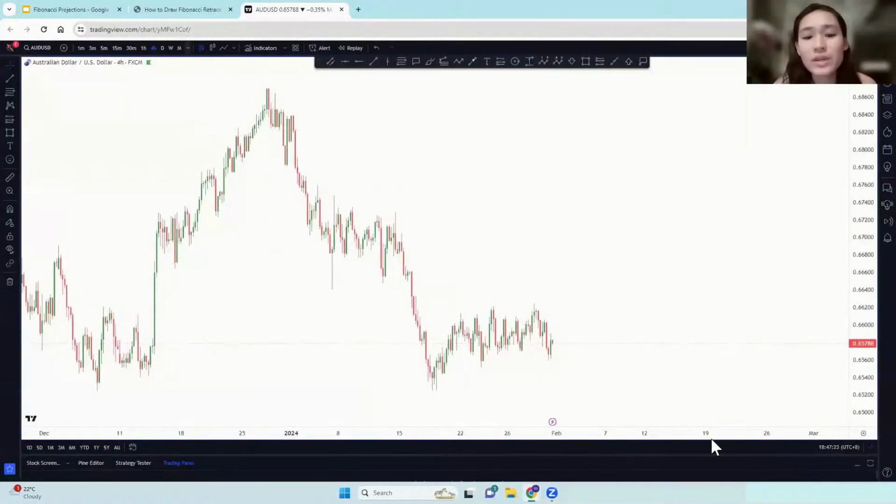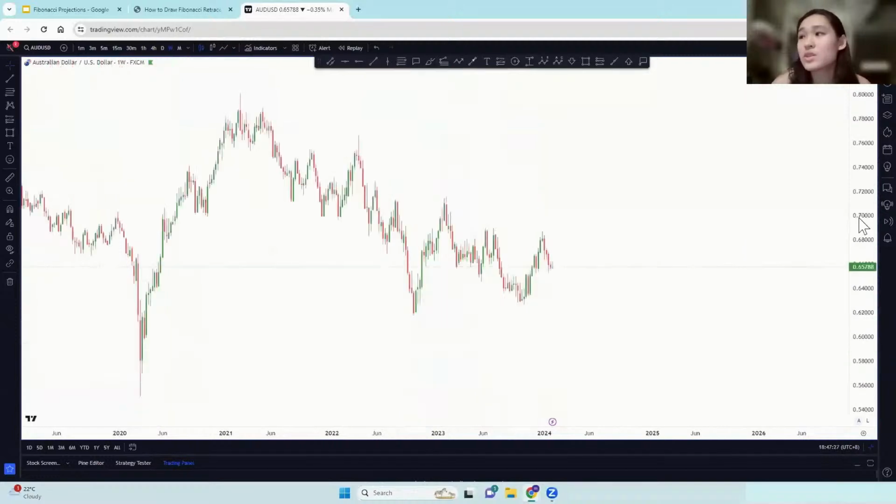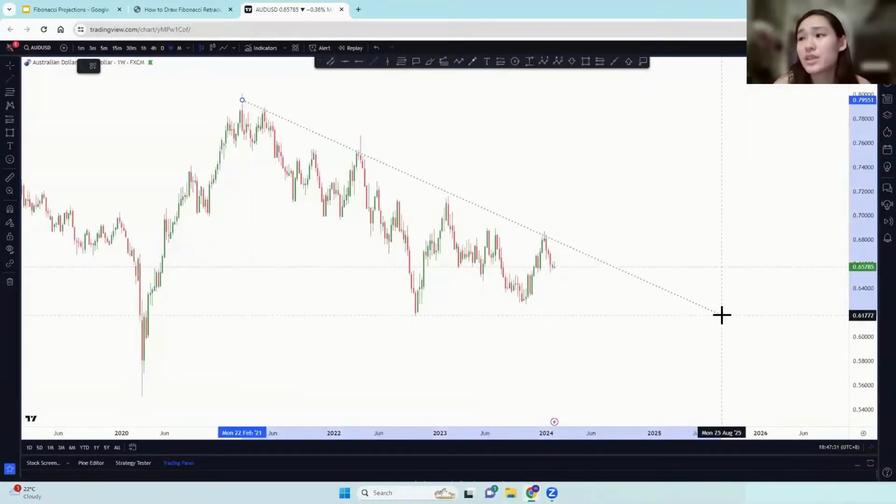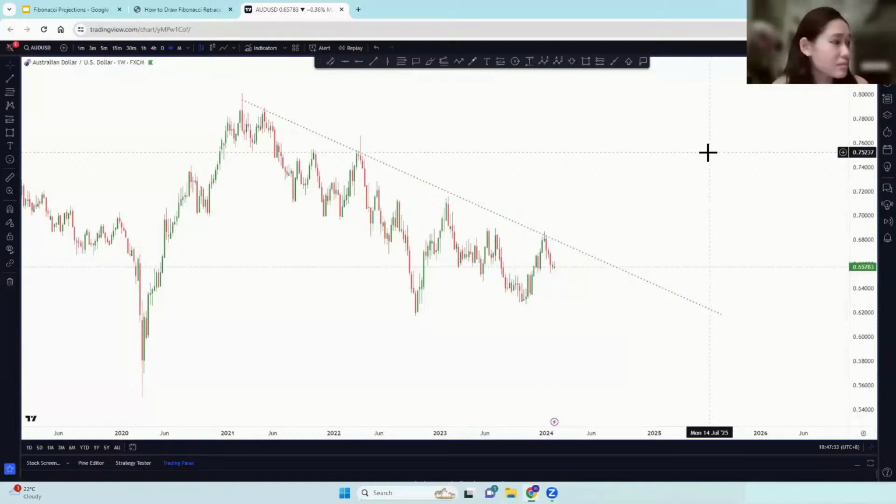Okay, so on our weekly time frame again, you can see prices dropping. We see prices moving in this descending trend line.